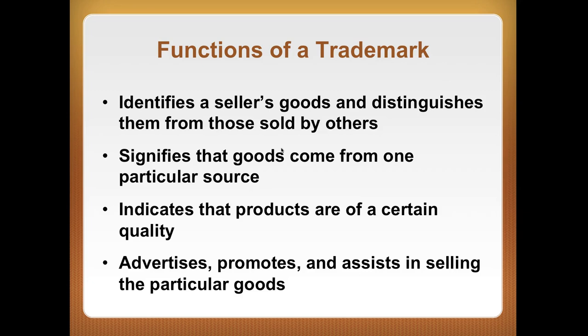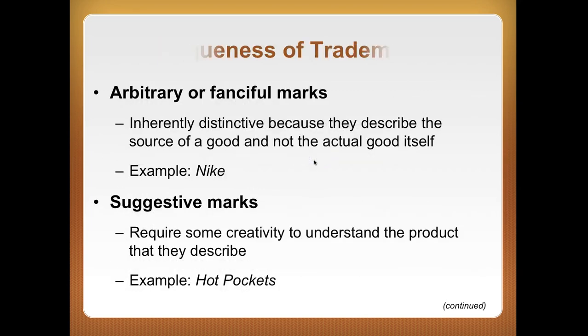That Nike logo basically shows that it's the Nike brand. It could be used to tie something to a certain quality. Probably when you see a Mercedes logo or a Lexus logo, you equate a certain quality with that. And it's used in advertising. It's how people sell their product, brand their product.